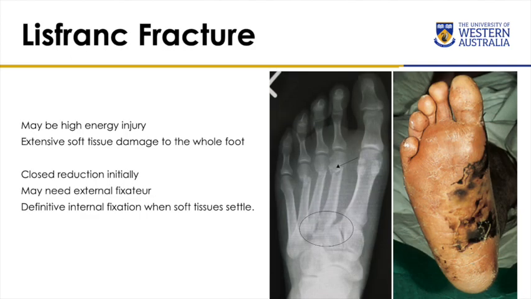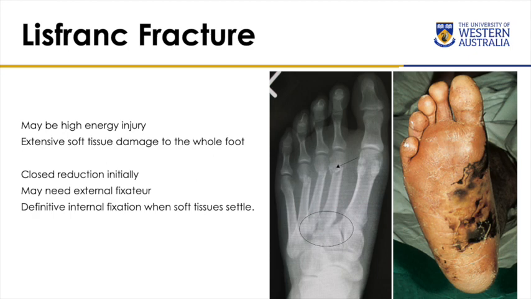These injuries may also be high energy injuries, which are far less subtle. They often present with extensive soft tissue damage and swelling to the whole foot. Fractures may extend across all metatarsals with gross displacement as pictured here.